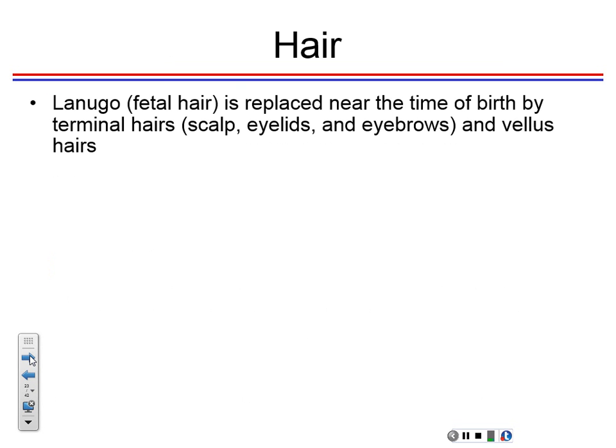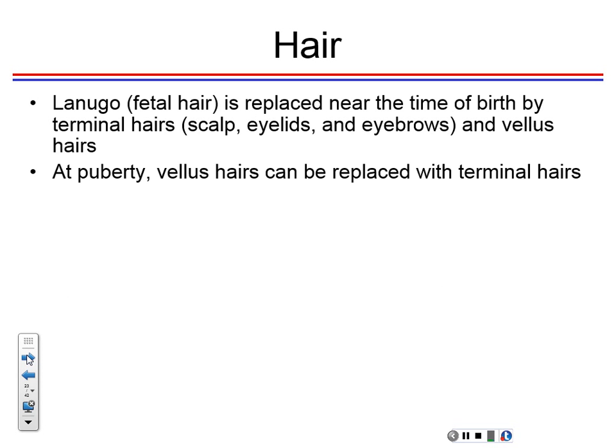So hair, again, hair is all over the place. In females, the hair tends to remain vellus hair, because when you are in utero, you have lanugo, which is like fine hairs and so forth. And then when you are born, that lanugo turns into terminal hair, especially in the eyelids.